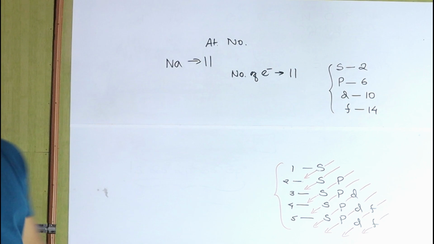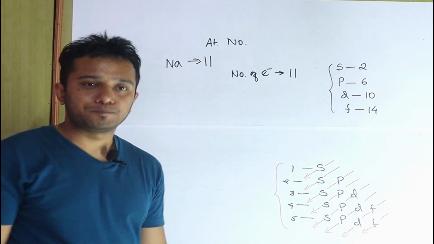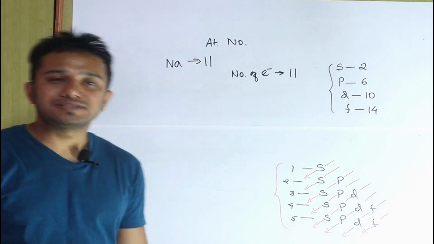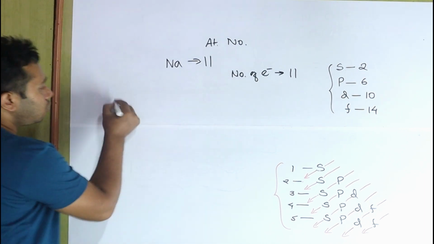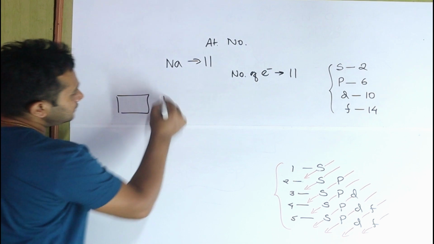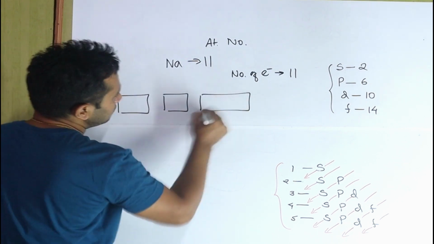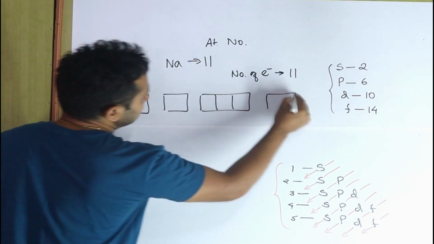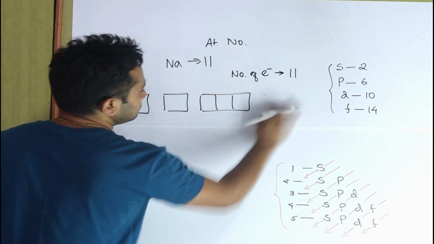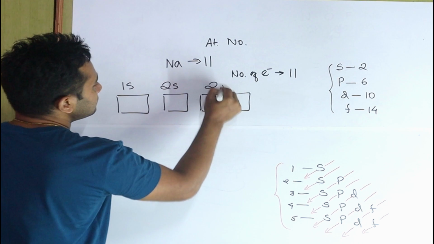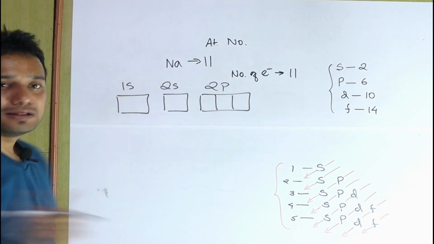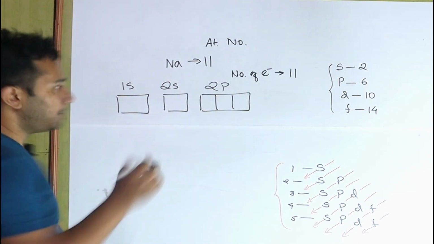So atomic number 11 we have sodium. So atomic number of sodium is 11 and there are 11 electrons. So let's draw the orbitals again. So 1s, 2s, 2p. There are 11 electrons. So let's start filling them up.